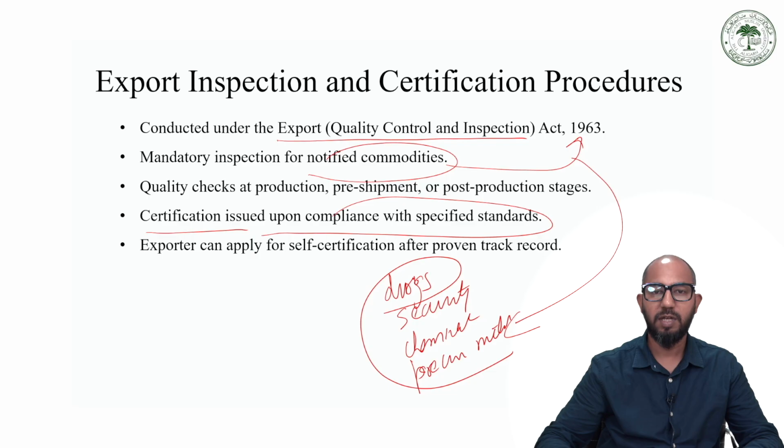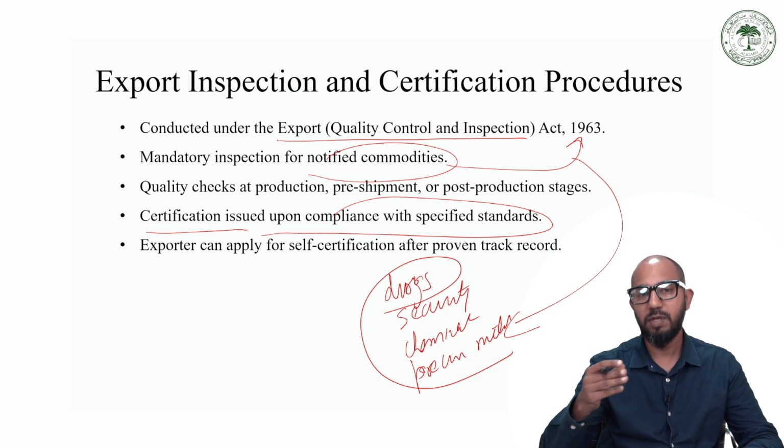Any exporter can apply for self-certification after a proven track record, which means if an exporter is dealing in a type of commodity and over the years the reputation has been impressive, then an exporter can give certification to its own products, and that is based on the reputation.